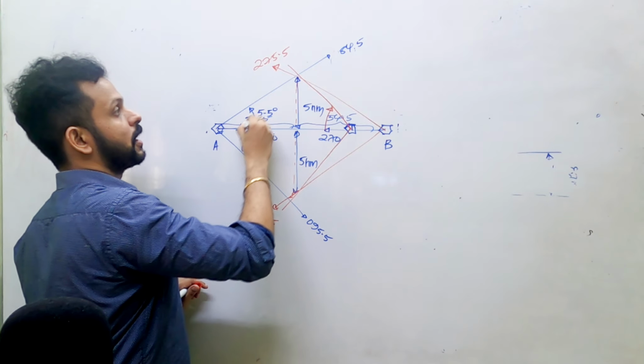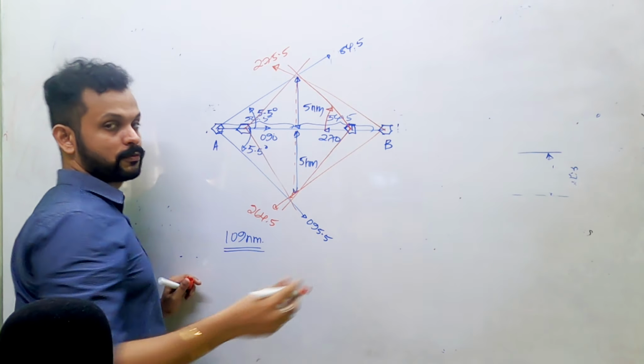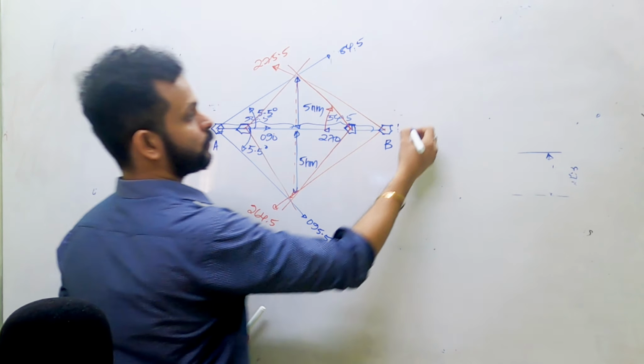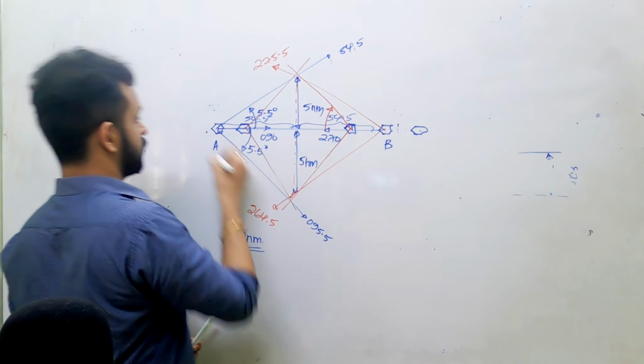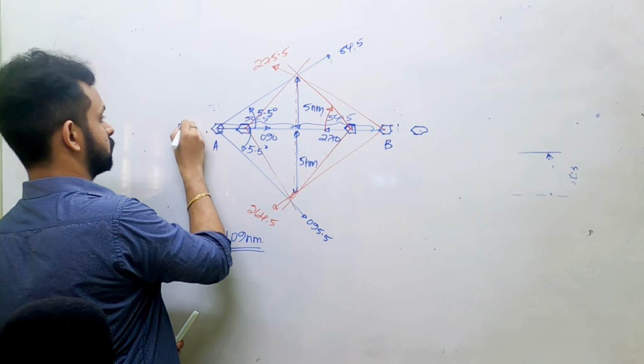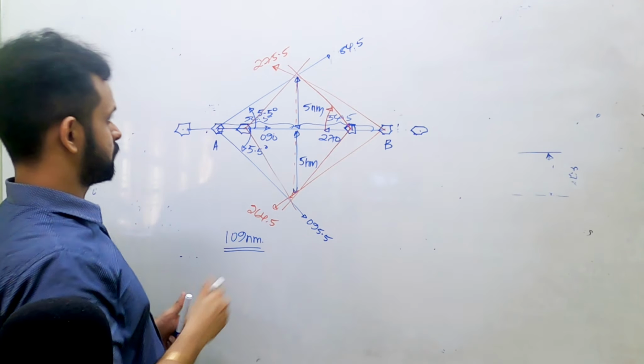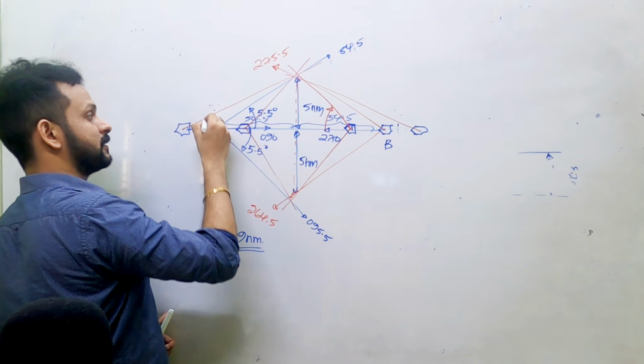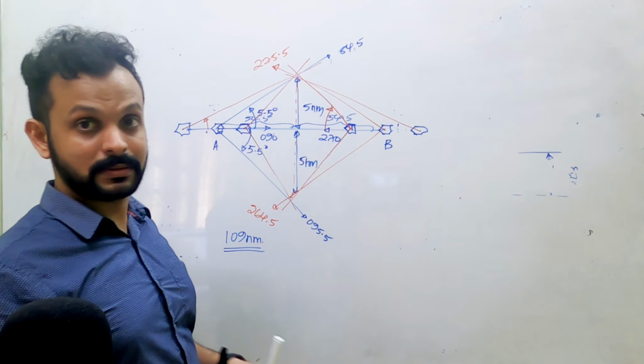It will increase. It's going to be more than 5.5, which is not acceptable. That is why it's impossible. What if it is further more than 109? The angle will be less, which means we are not looking at the maximum possible limit.